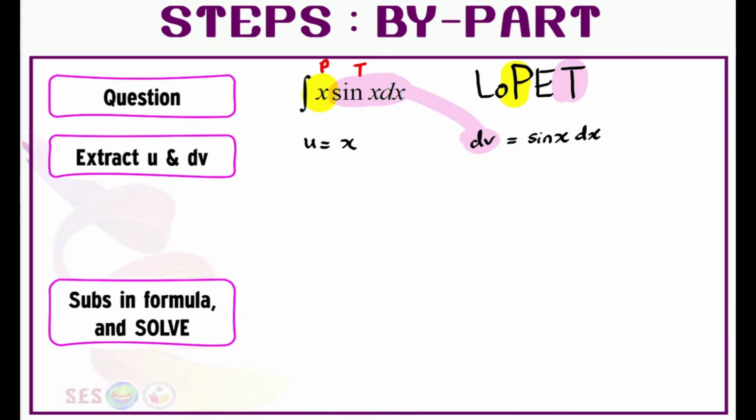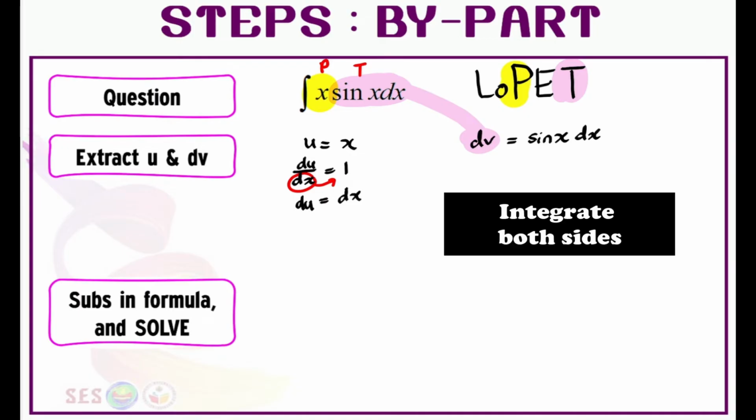Alright. So now, for the u part, we need to differentiate. Differentiate x will get 1. And we need to write the left hand side with du only. So I need to bring dx to the other side. So dx multiplied by 1 will get only dx. And for the dv part, I need to integrate both sides.